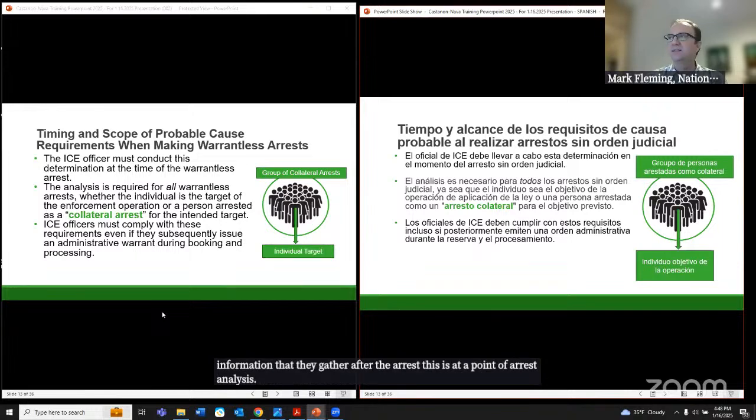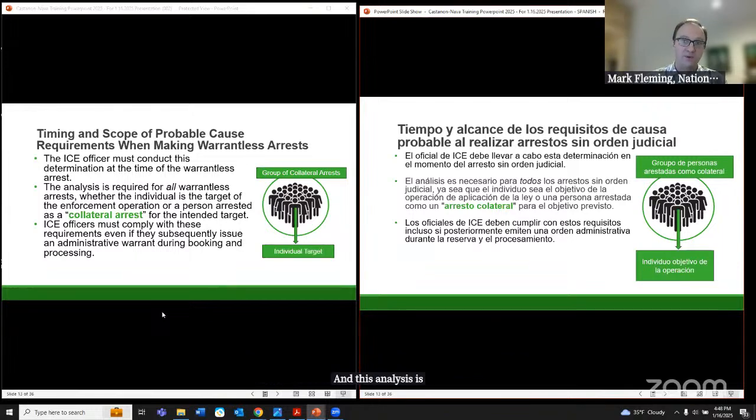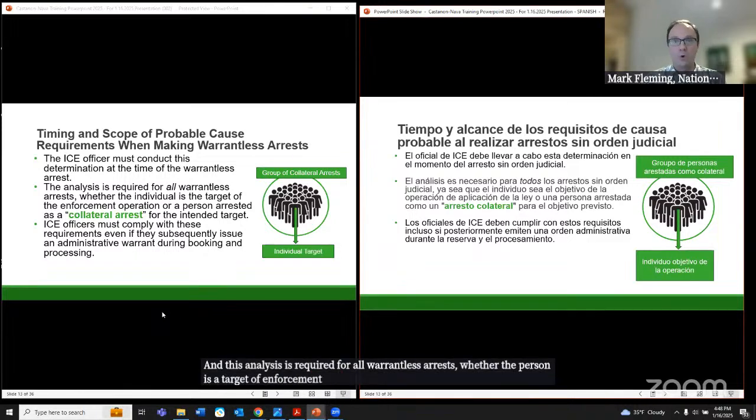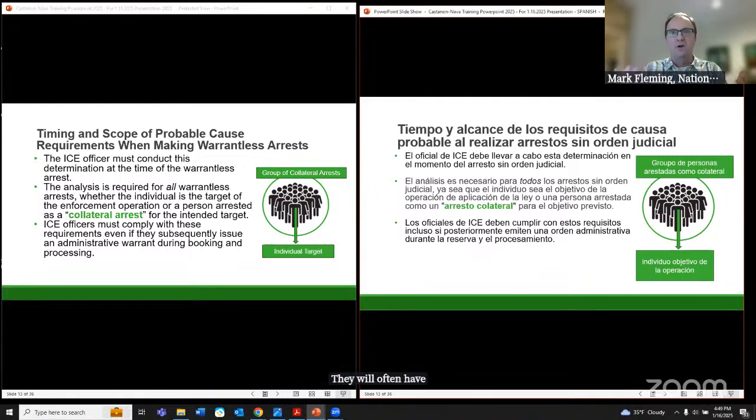And this analysis is required for all warrantless arrests, whether the person is a target of enforcement or is a quote unquote collateral arrest. And this is an important feature because what we've seen in immigration enforcement actions, particularly when they go into the community, they will often have a handful of targeted individuals.